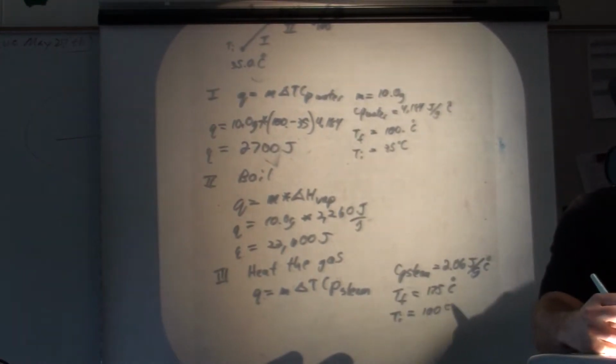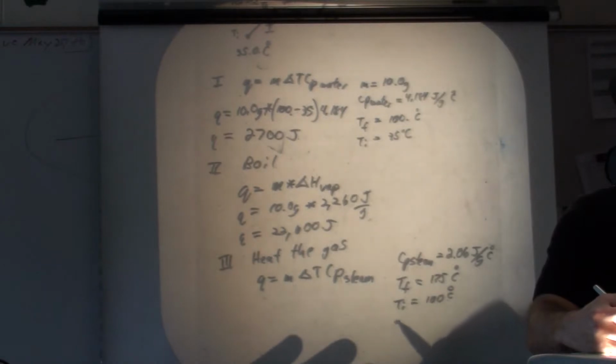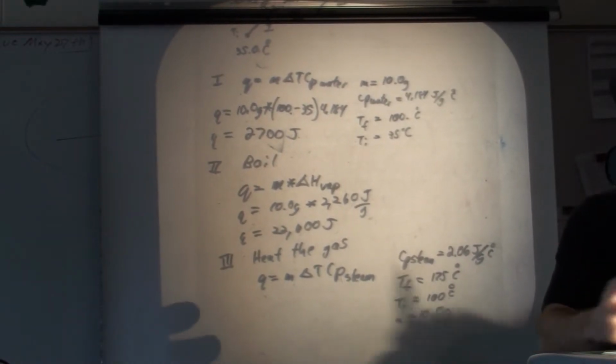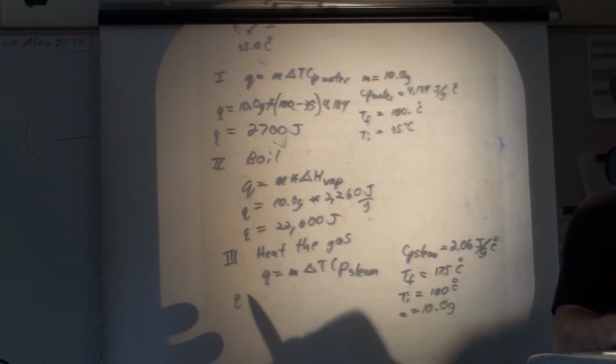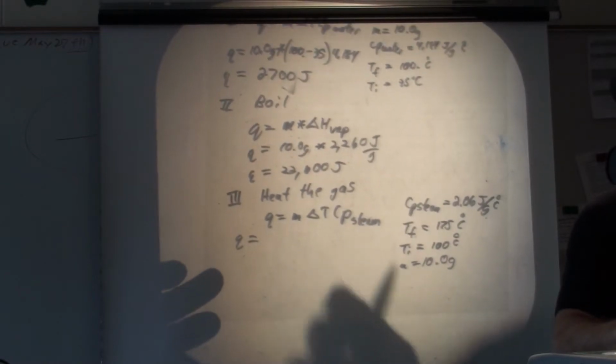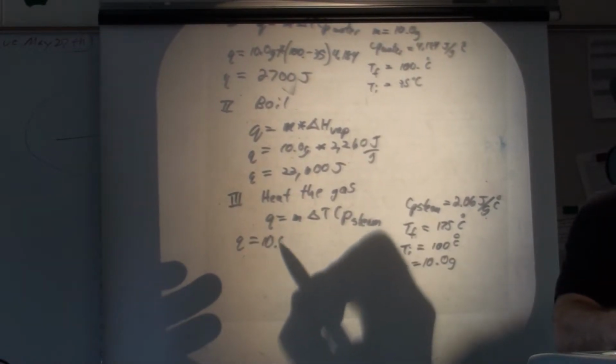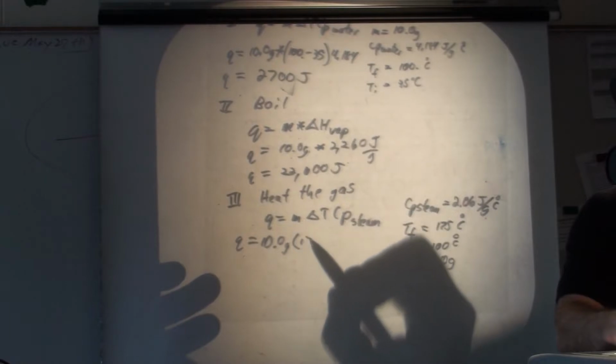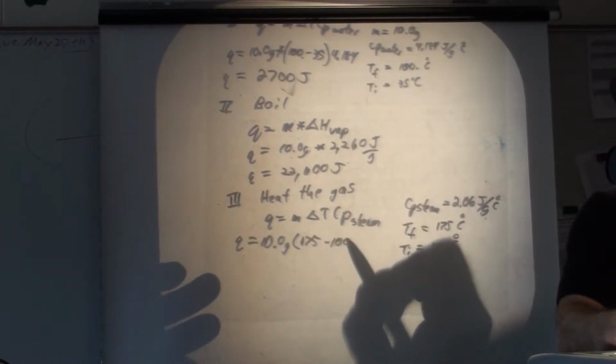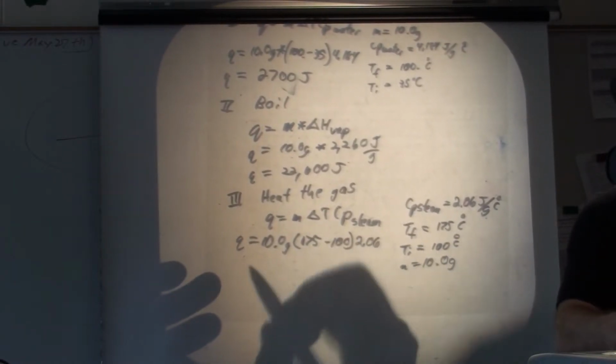So 100, the mass stays the same. So we've got Q is 10 times 175 minus 100 times 2.06.